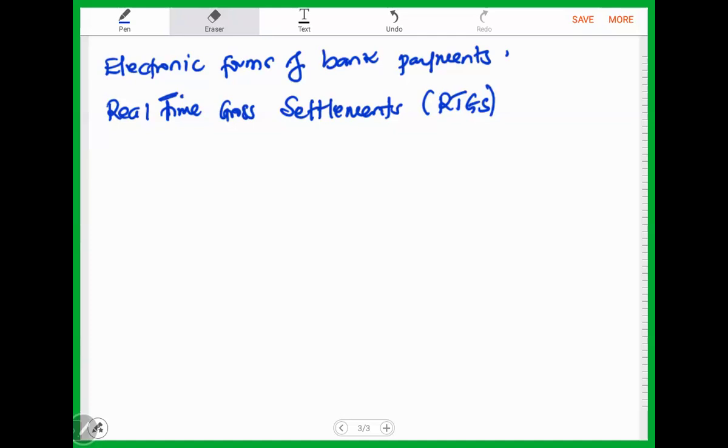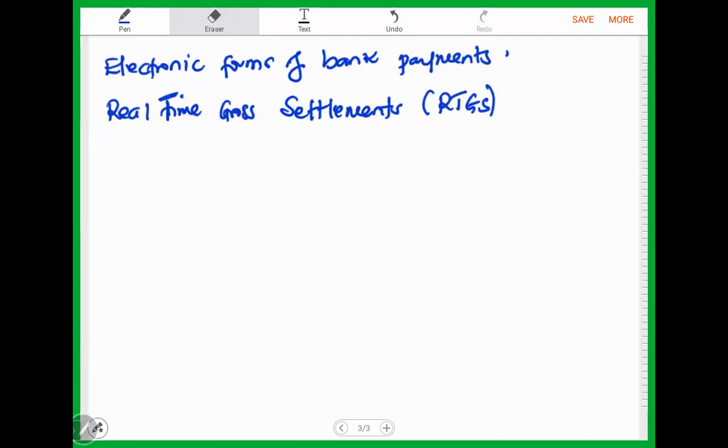So RTGS systems are typically used for large volume and time critical transactions. You expect that where you have large volume and time critical transactions, an RTGS is a preferred mode of payment. So don't be here tomorrow after studying this bank reconciliation and these different modes of payment, and you don't understand which one to use.